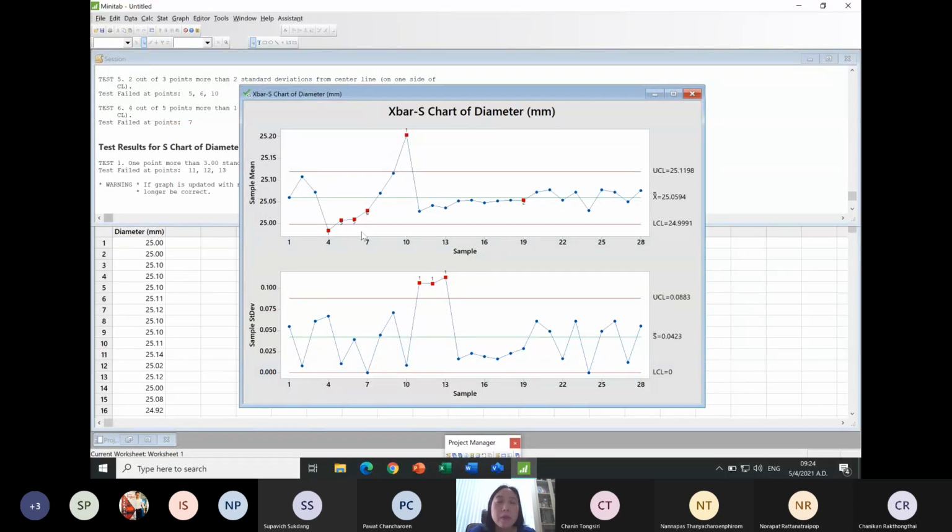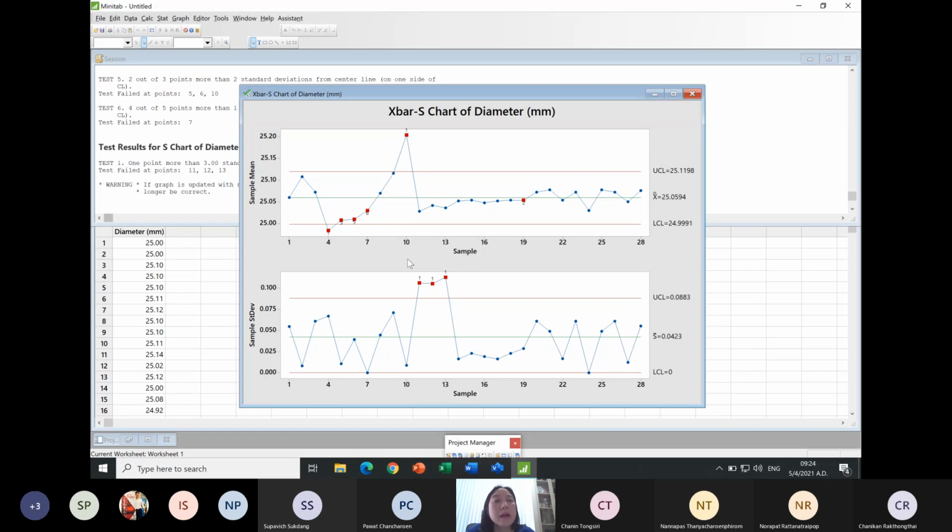in a row. It represents that there is an increasing trend in the average of the diameters of the parts. So that means sample number 10 tells you 2 things. The first one shows that at that point, the average of the diameters significantly shifted up.